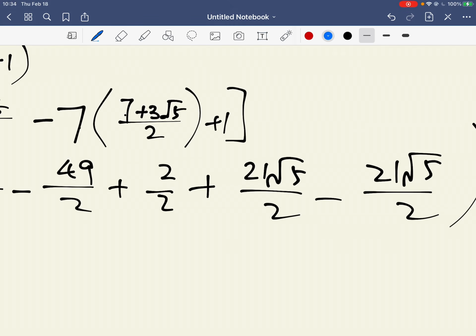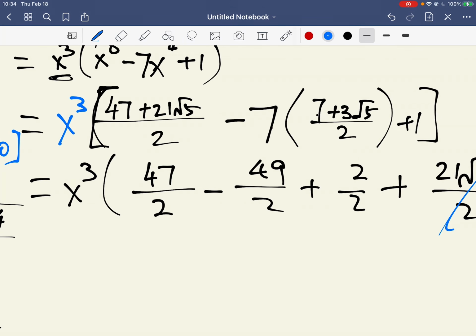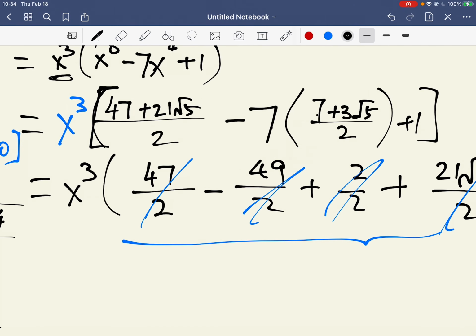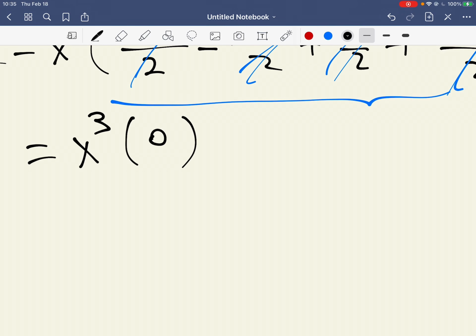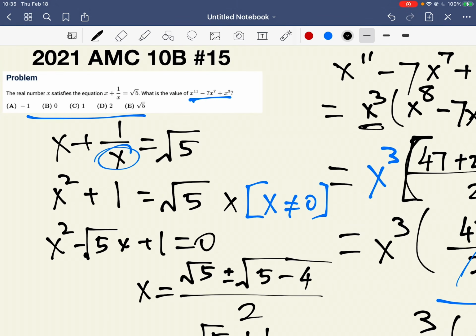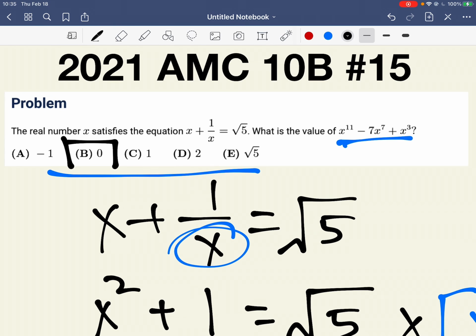You realize that the 21 root 5 terms just cancel out, and 47, 49, 2 also cancel out. So inside the parentheses, it would just be 0. X cubed times 0, and every number times 0 is 0. So the answer would be 0, giving us the answer choice B.